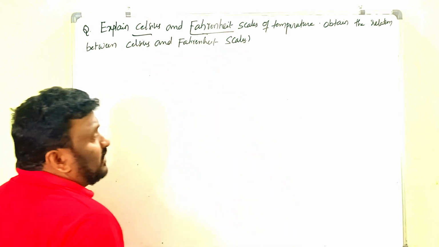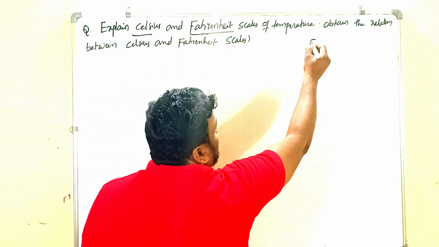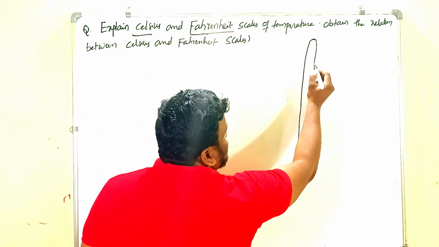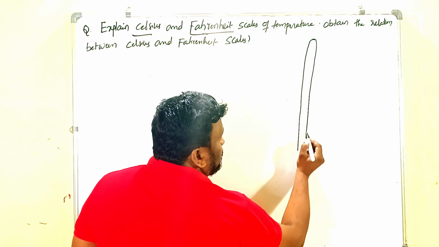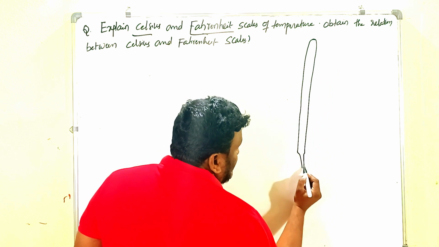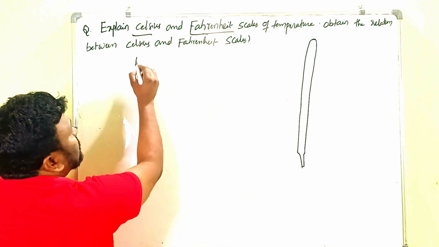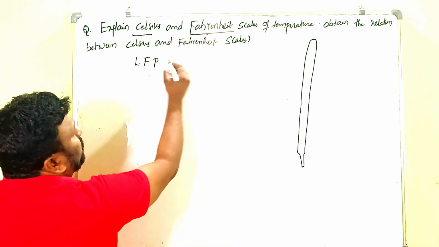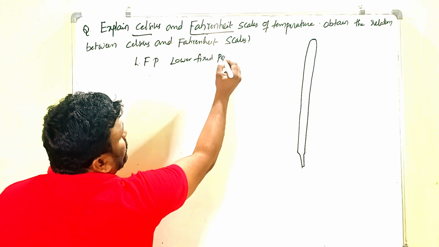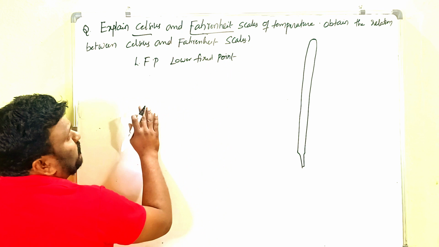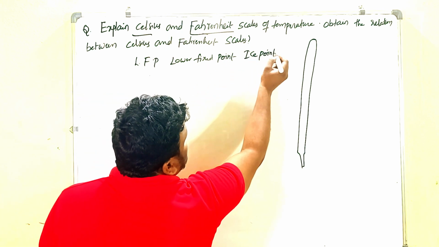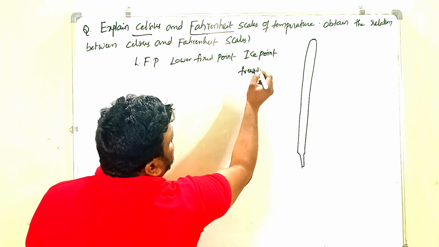In the manufacture of a thermometer, first they take 2 points. One is called the lower fixed point, LFP. Generally the lower fixed point is nothing but the ice point or freezing point of water.